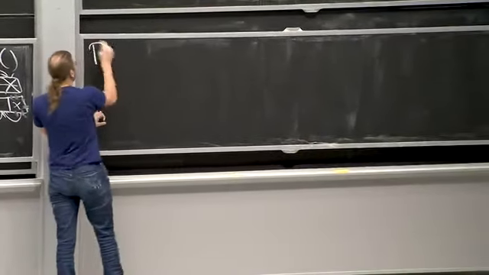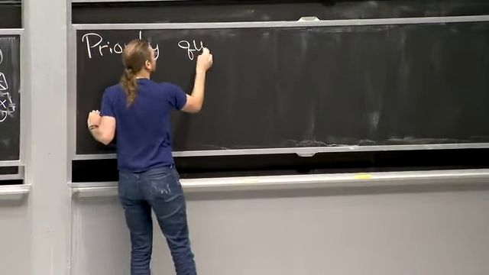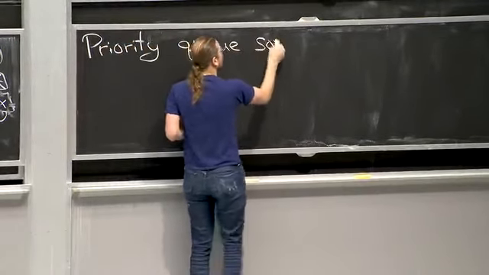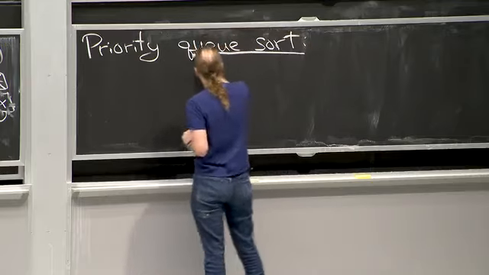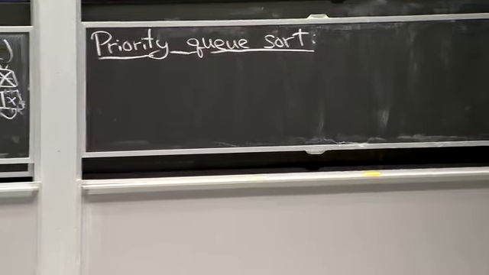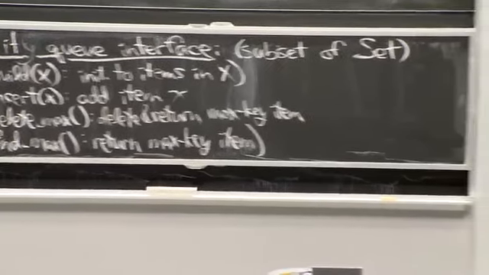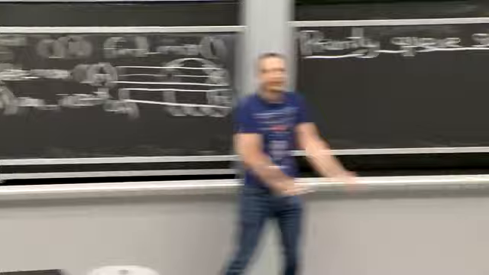So I want to define priority queue sort. Given any data structure that implements a priority queue interface, in particular insert and delete max, I can make a sorting algorithm. What do? Insert all the items, delete all the items.